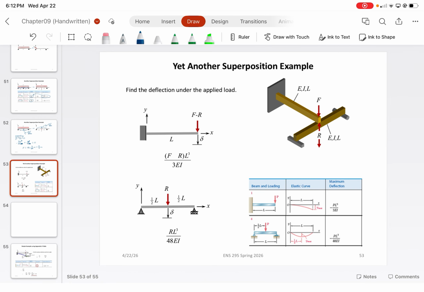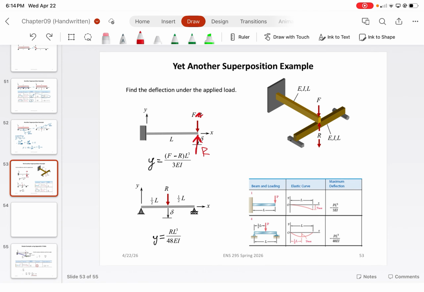So from the applied force F, we know that for the simply supported beam here, there's going to be a vertical reaction force of R applied. And R doesn't exactly equal F because the force is being transferred through here.